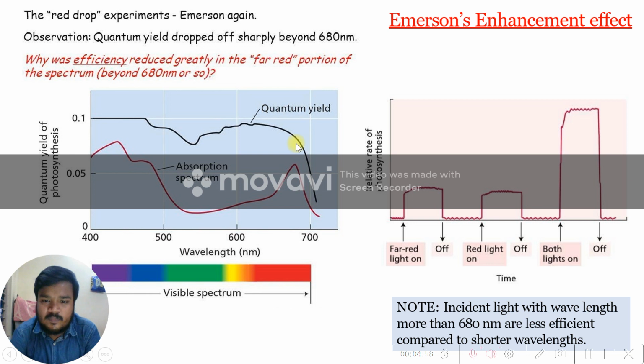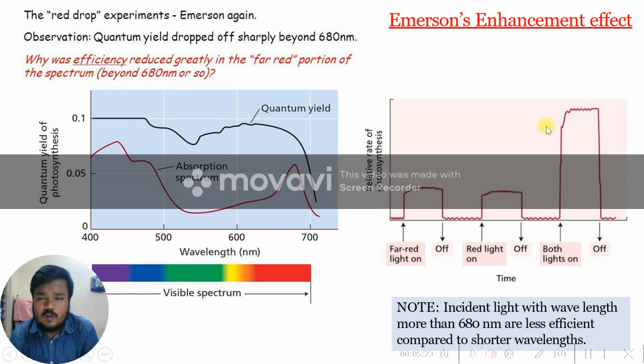So how did that thought come? When scientists were trying to study the light reaction in an artificial medium, they tried to incorporate different wavelengths into the plant system. And they showed that when two types of wavelengths were given, the photosynthetic rate was higher.